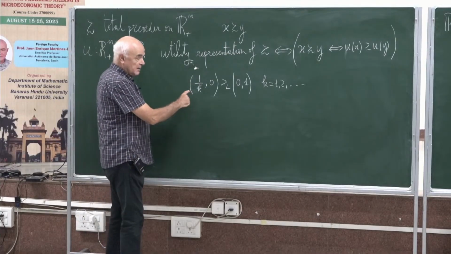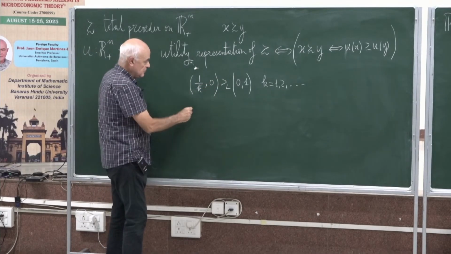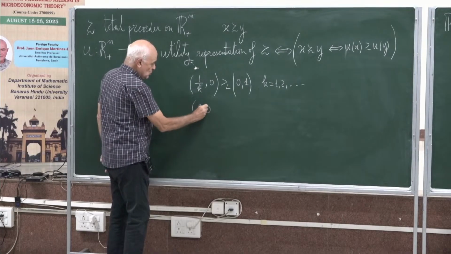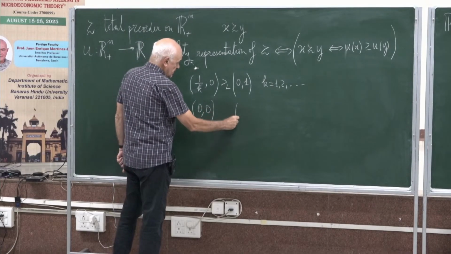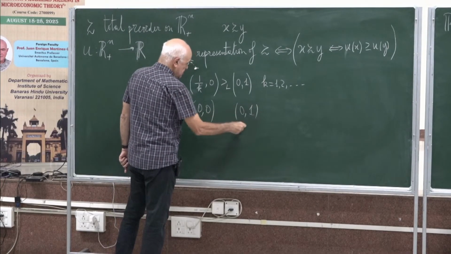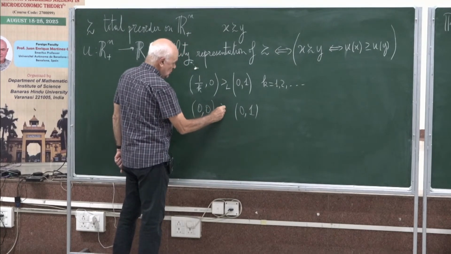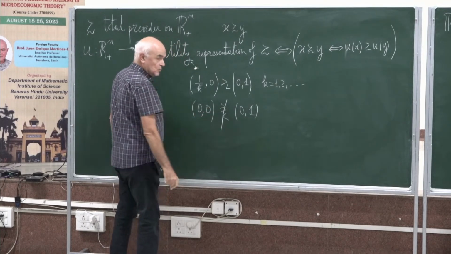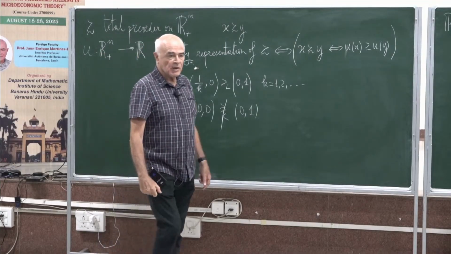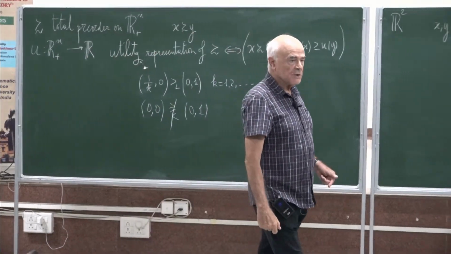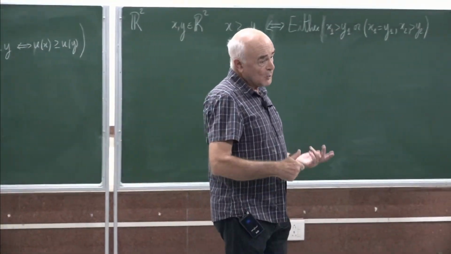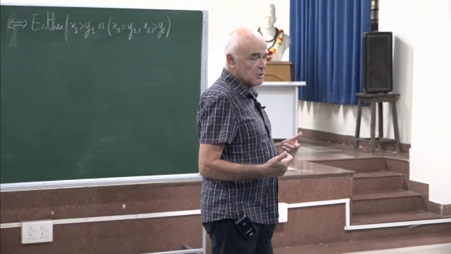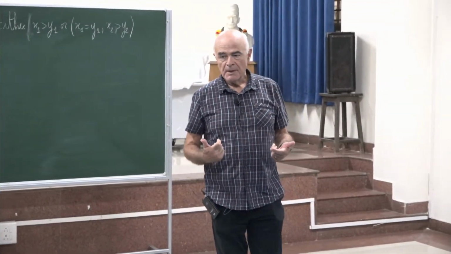But let us take limits as k goes to infinity. Then you get (0, 0). And here you keep (0, 1). And it's not true that this is lexicographically greater than or equal to (0, 1), because now you have to look at the second component because the first components are the same.